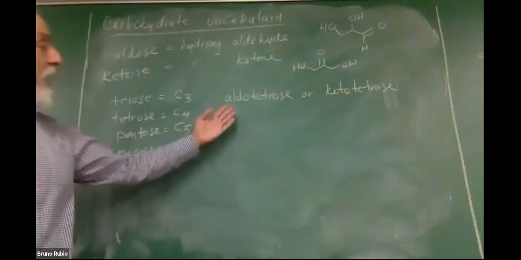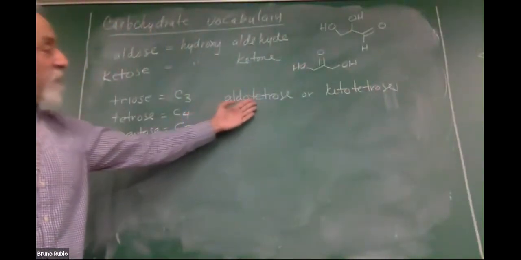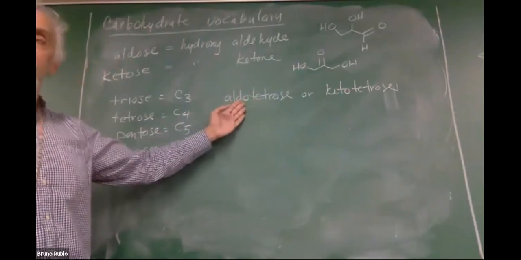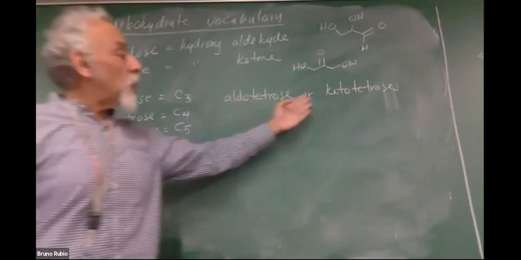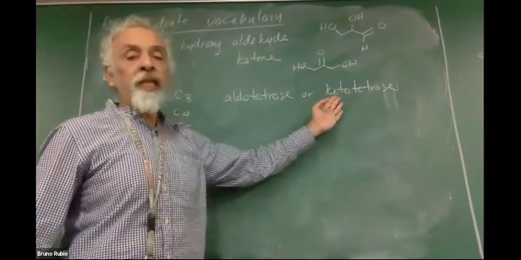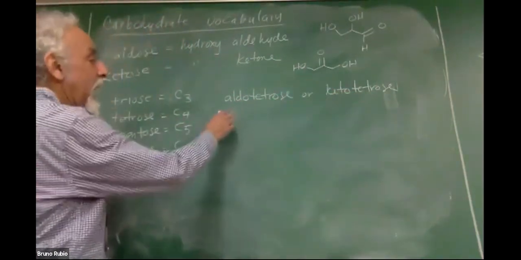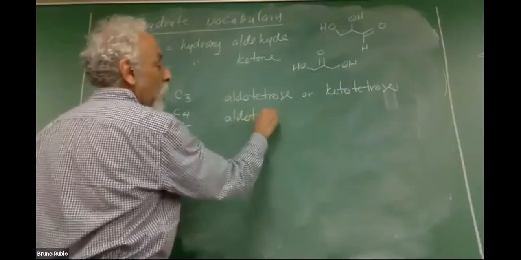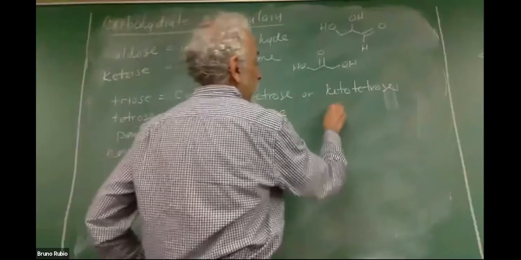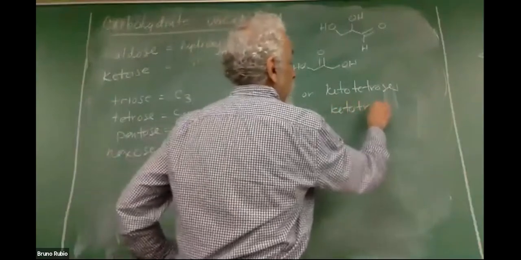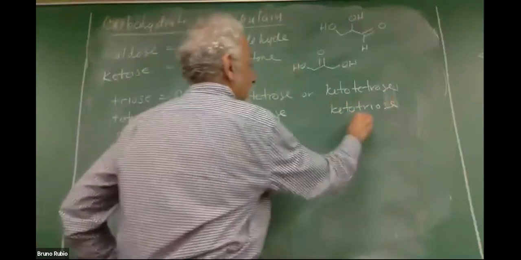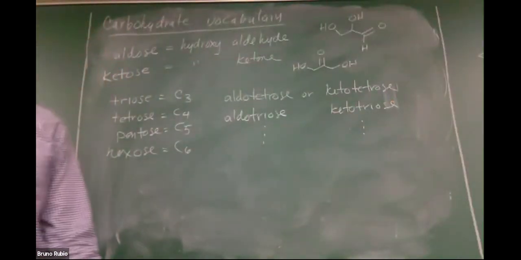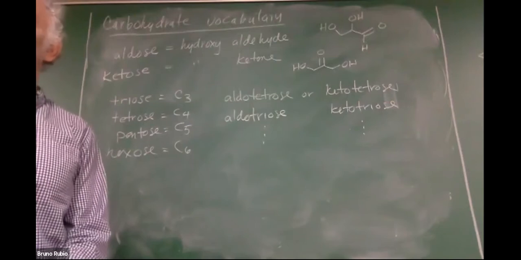This is telling me that it's a 4-carbon sugar that is a polyhydroxy aldehyde, or a 4-carbon sugar that's a polyhydroxy ketone. Aldotetrose, aldotriose, or ketotriose, etc. Okay, so this is just some of the fundamental specifications of a carbohydrate.